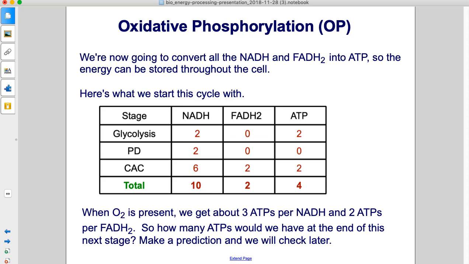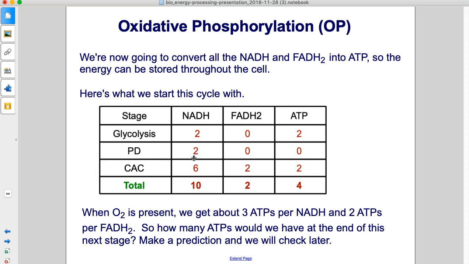We're now going to convert all of that NADH and FADH2 into ATP so the energy can be stored throughout the cell. Here's what we start this cycle with. So remember, glycolysis produced 2 NADH, no FADH2, and 2 ATP.